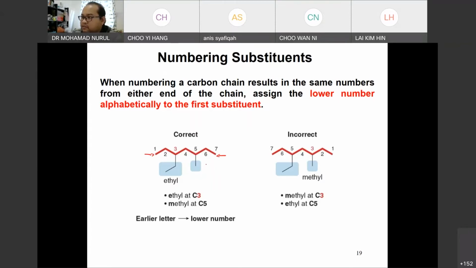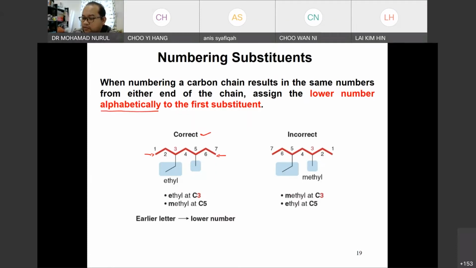But the difference is that we have methyl and ethyl. So this one should be the correct arrangement because of alphabetical order, A, B, C until Z. This one is E and this one is M, so this is preferred, because we should find E first, followed by M. Alphabetical order.